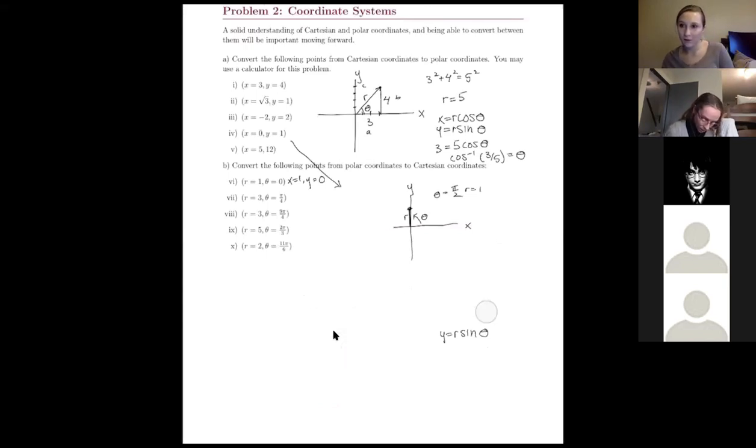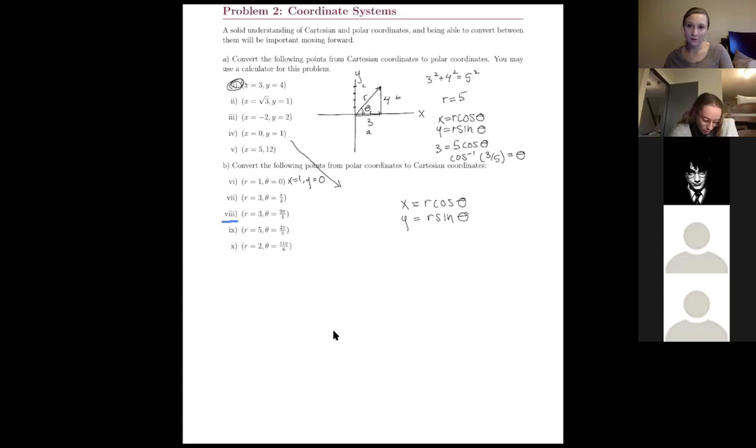So the important things to remember when doing these are just these two formulas. x equals r cos theta and y equals r sin theta. For example, in this one that we did before, you can just draw it out in Cartesian coordinates.